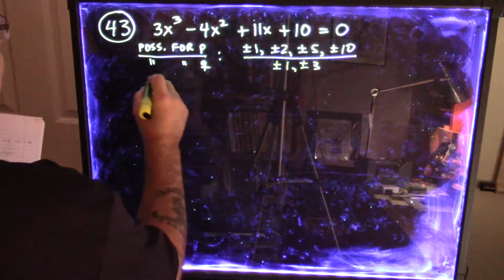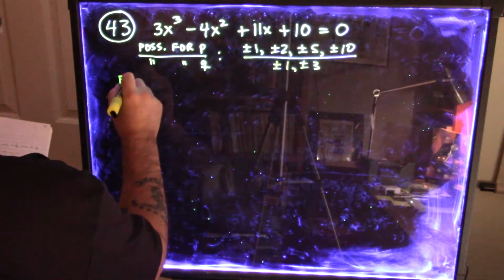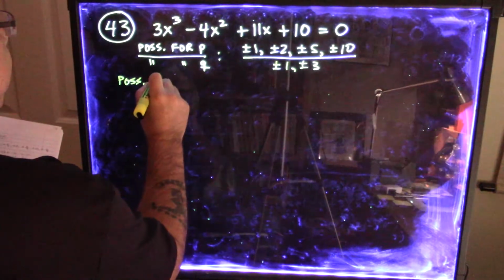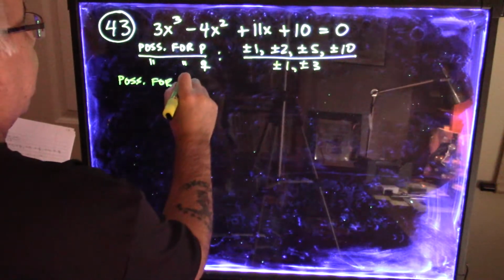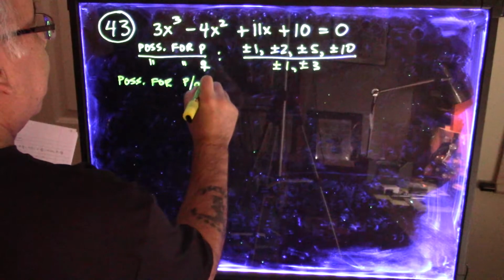Okay, so possibilities for P over Q then are rational roots here.